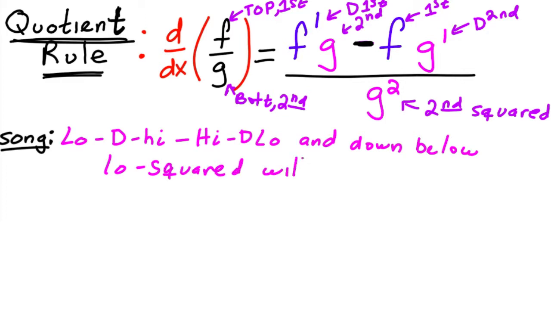So what this means is that the bottom is the low and the top is the high. So the low, or the bottom, times the derivative of the top, minus the high times the derivative of the low, and down below, low squared will go.